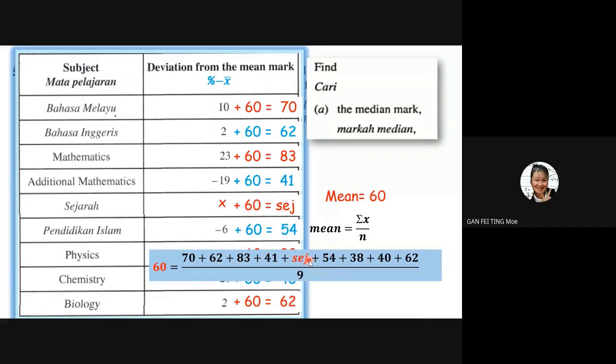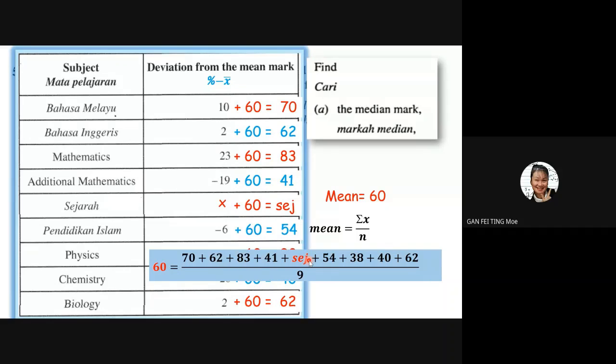So what is your sejarah's marks? Who can tell me? Answer to it? Anyone? 90. Is that Avinash? Elisa, what's your jawapan? 90. Okay, 90. Very good.